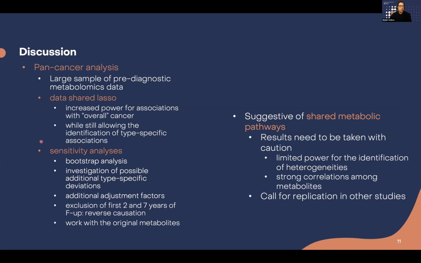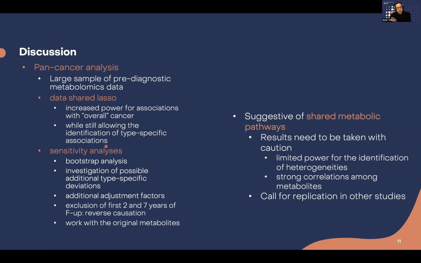All right, so to conclude, we performed a pan-cancer analysis on a quite large sample of pre-diagnostic metabolomics data. One particularity of our analysis, and maybe one strength, was the use of the data shared lasso, which allowed us to have optimal statistical power for the identification of associations with overall cancer, while still allowing us to identify type-specific associations.